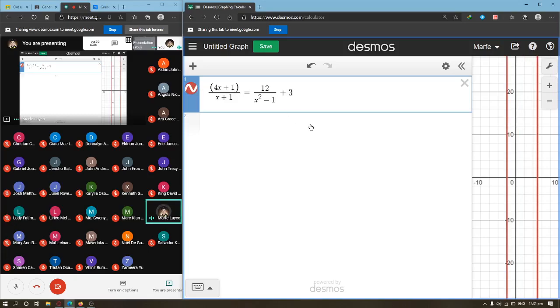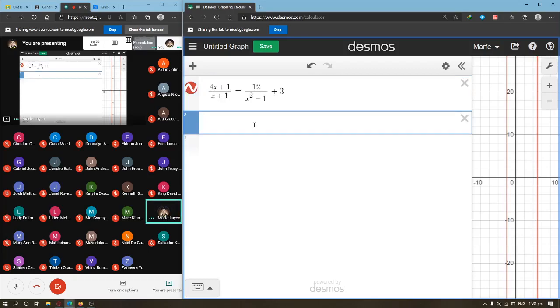Okay. Pag ganito na nakita ninyo, i-apply lang ulit natin yung ating rules on solving rational expression. Ayan. So, how can we solve for this one?